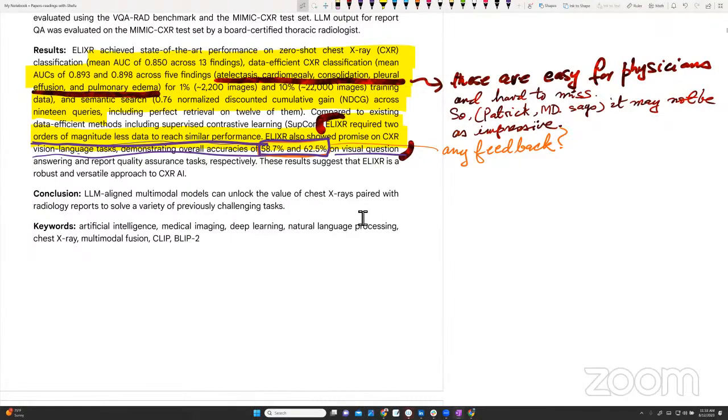But the second part is the clinical correlation. So we don't know from this result from Elixir whether the clinical correlation had been brought in as part of the report, or was it just the radiological interpretation? So we need to see when they say they're demonstrating overall accuracies and annotations, whether it's interpreting the second half.